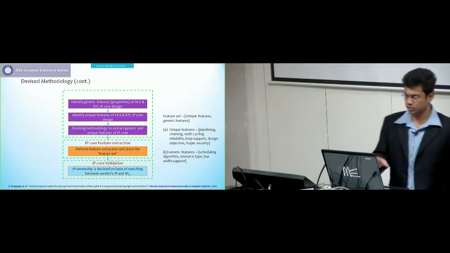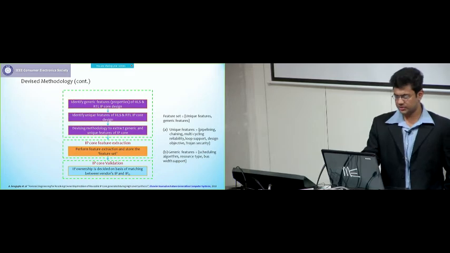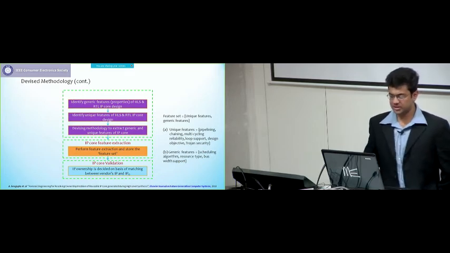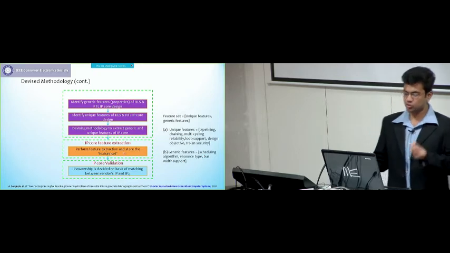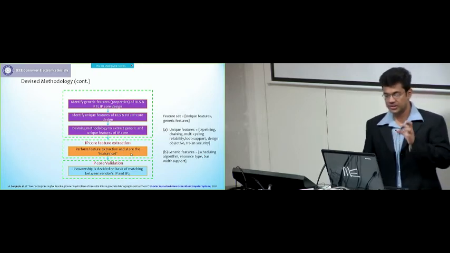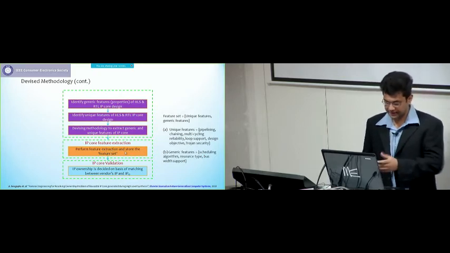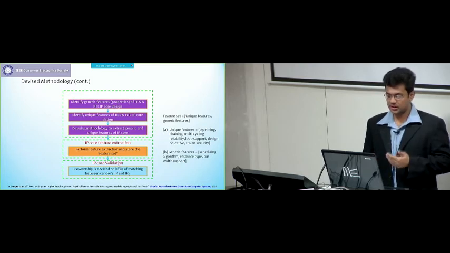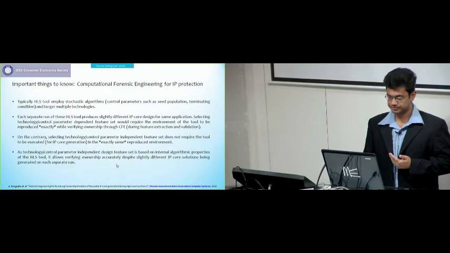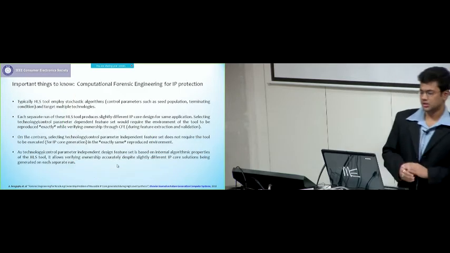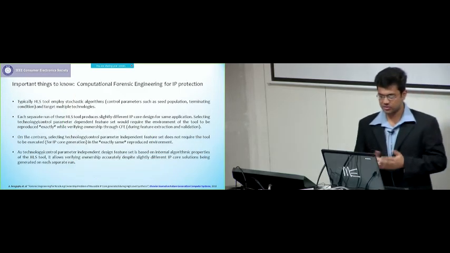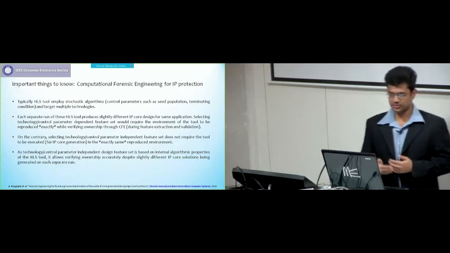Based on this, we feed into the IP core feature extraction, where we perform the feature extraction and store the results in a set called the feature set, and finally that is used to decide the matching process on who is the rightful vendor. Before we get into the feature extraction rules, let us note some very important points.